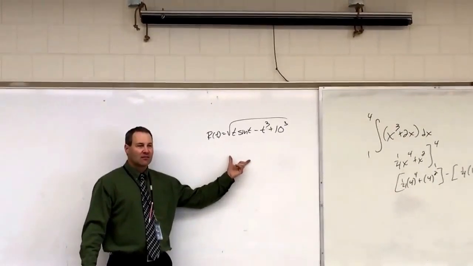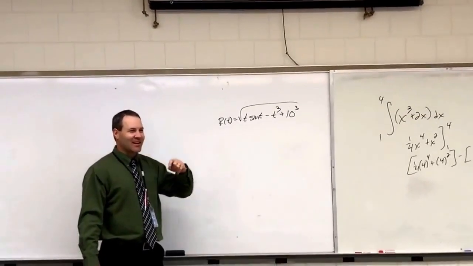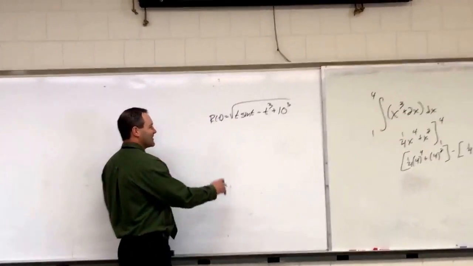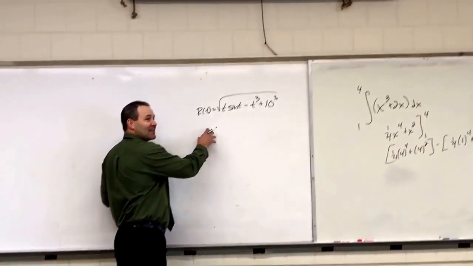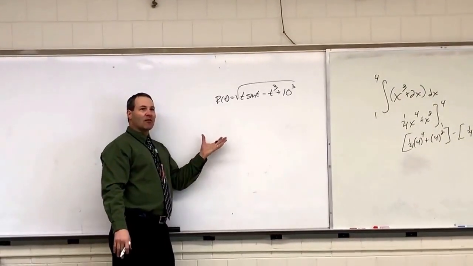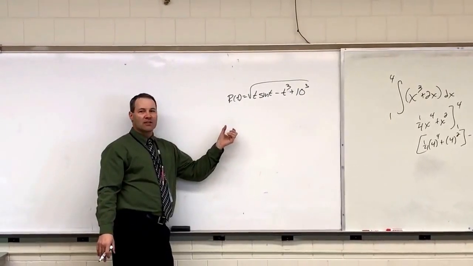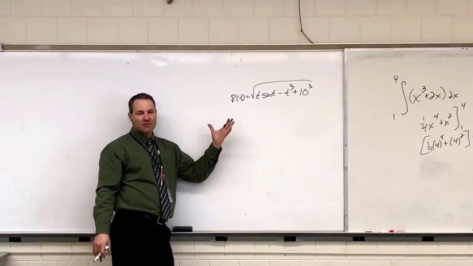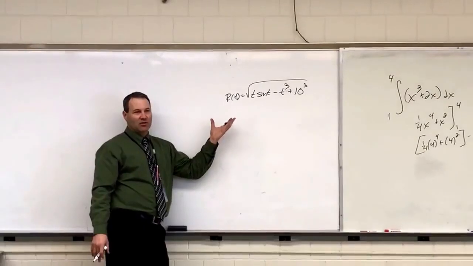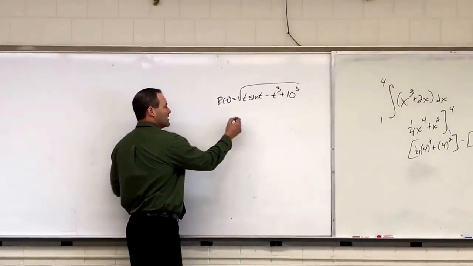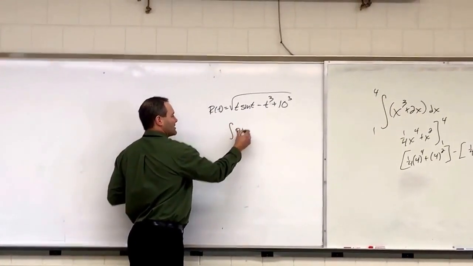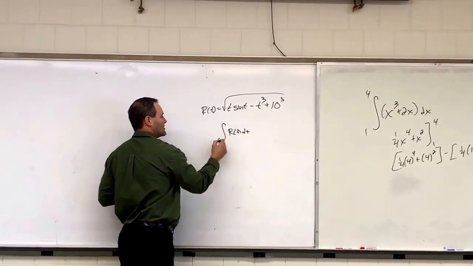that's a pretty triangular trough. If the question said how much water is put into the tank in the first 30 seconds or 30 minutes, then you would just integrate r of t from 0 to 30.